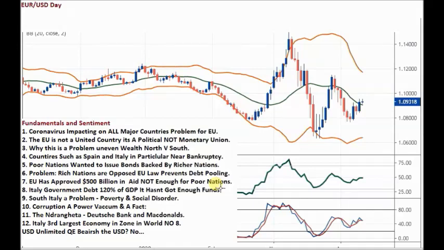It's not enough money. Italy really is a problem. It has always had huge debts, 120% of GDP. It hasn't got enough funds to bail out the banking sector if it has big problems, and it does. It doesn't have enough money to do everything it needs to do in the country.